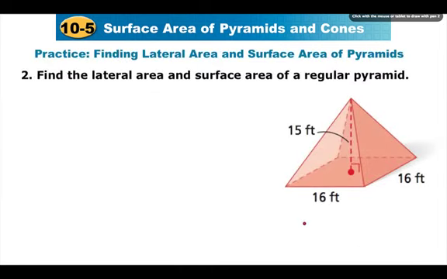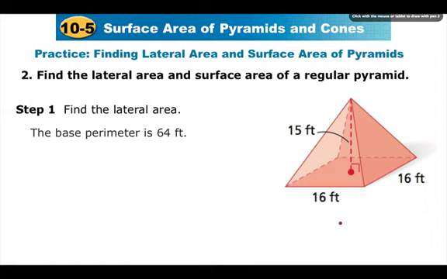It says find the lateral area and surface area of the regular pyramid. First, find the lateral area. So it's 1/2 PL. Notice that you can find the perimeter very easily, but we do not know the slant height. We need the slant height here. So first, perimeter 64, 4 times 16.